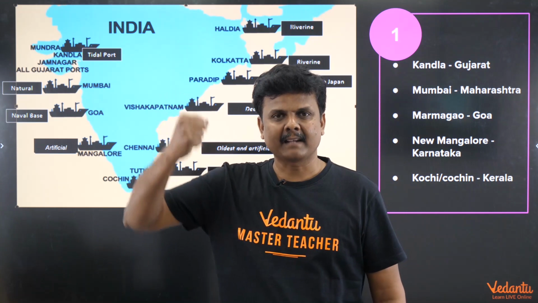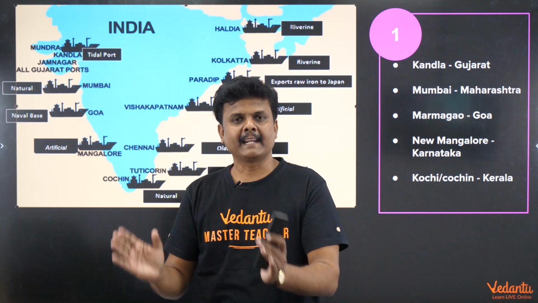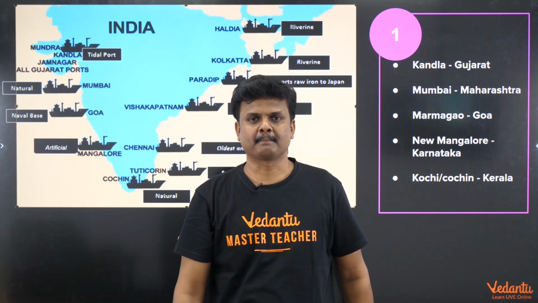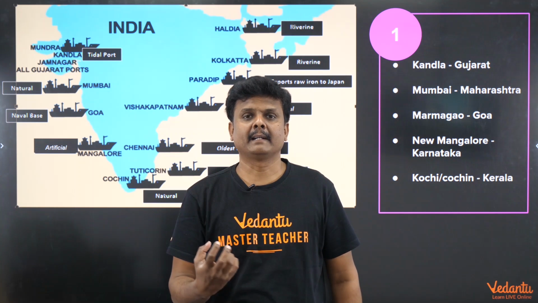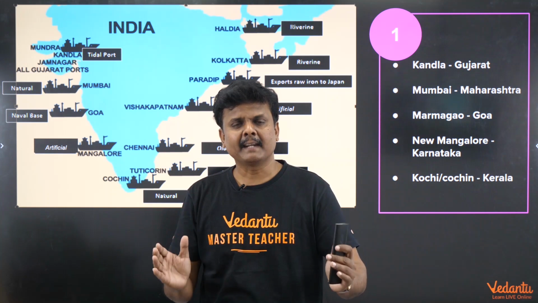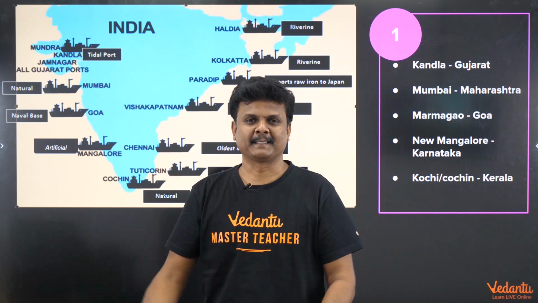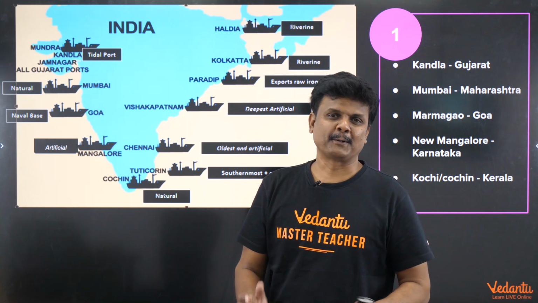The ship anchors are there, which will be dropped. No man-made facility has been created. Naturally, you will be able to drop the anchors and dock the ship. You will also find that the naturally created place will have provisions for docking and undocking. So that's called a natural port.